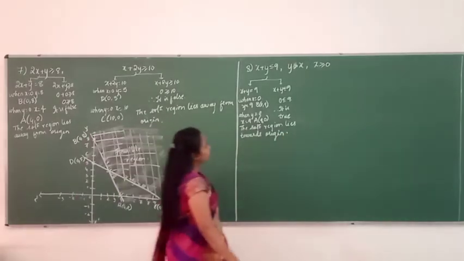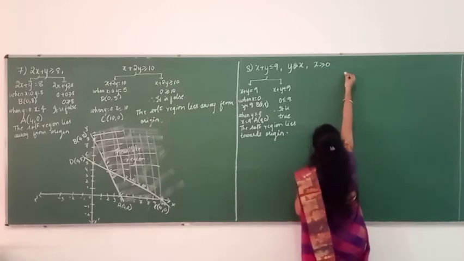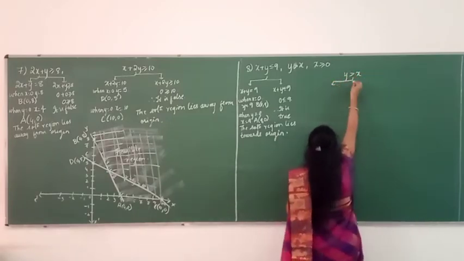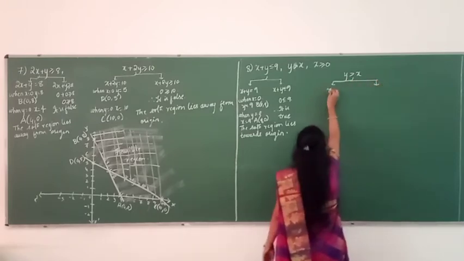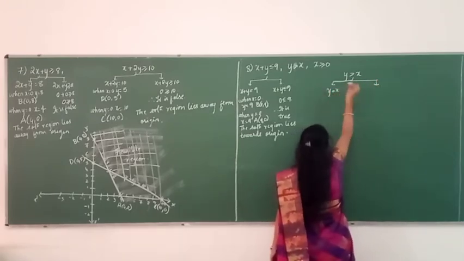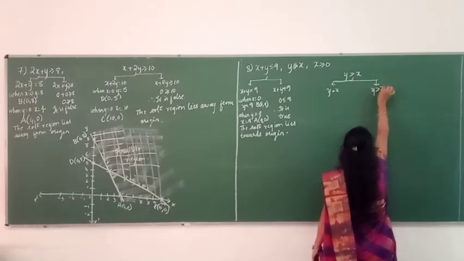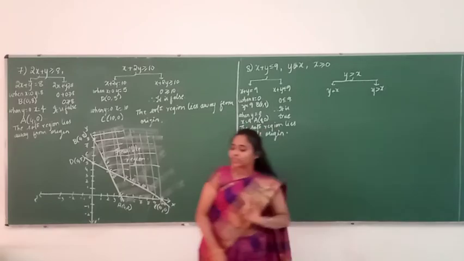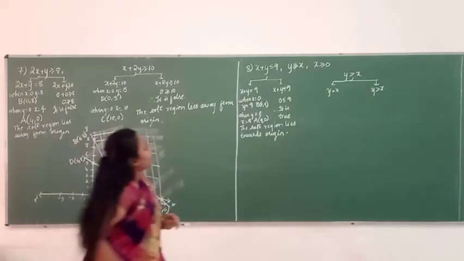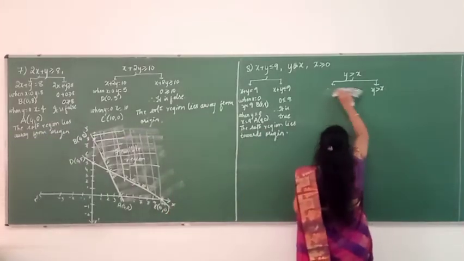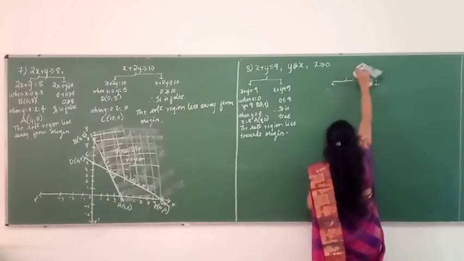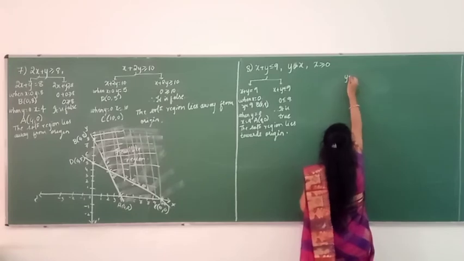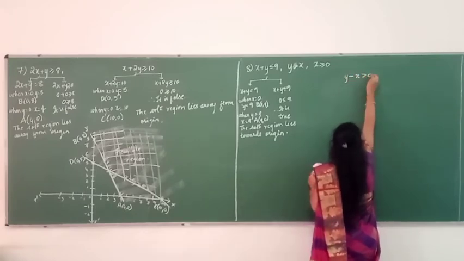Now let us move on with the second inequality, which is given as y is greater than x. I will write it as y equal to x, and y greater than x. Whenever both sides have a variable, we can write it as y minus x is greater than 0.